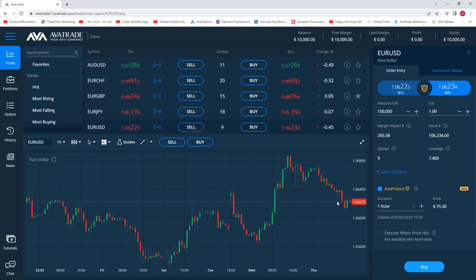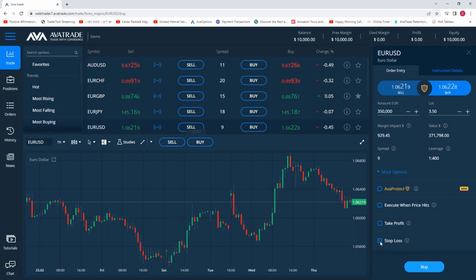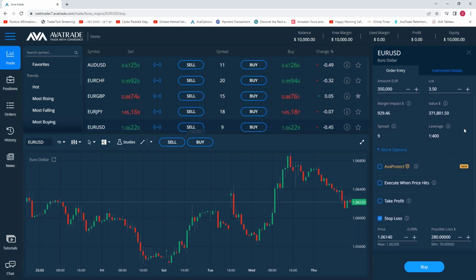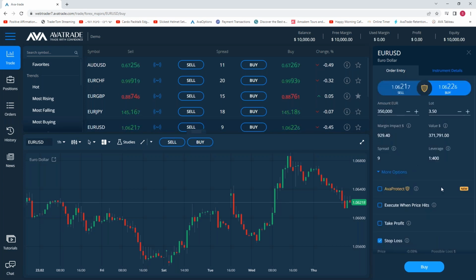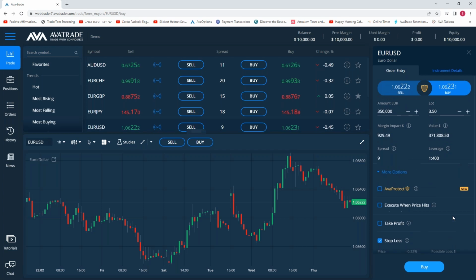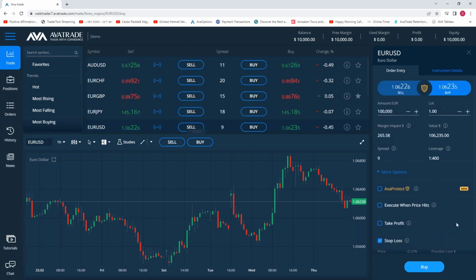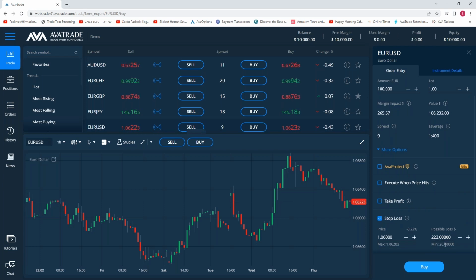Now, if we take the 1 hour chart and an average range of euro dollar, let's say 20 pips. 20 pips on one lot, that's $200. So if you were to buy it now at 106.23, and your stop loss is at 106, you're risking $230 if it goes there and stops.